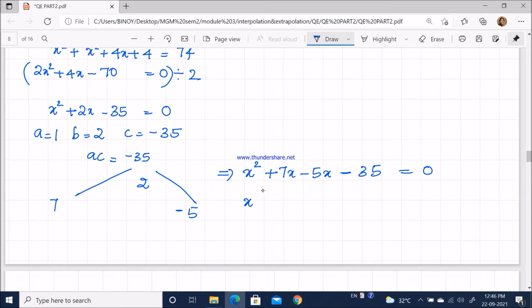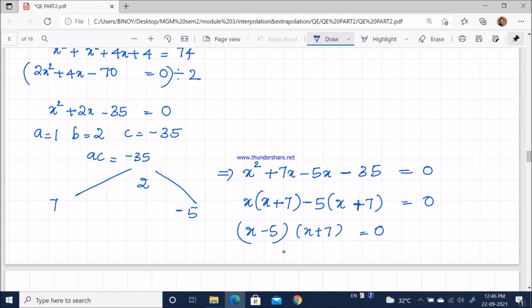Taking x common, x(x plus 7) minus 5(x plus 7) equals 0. So (x minus 5)(x plus 7) equals 0. So x can be either 5 or minus 7.